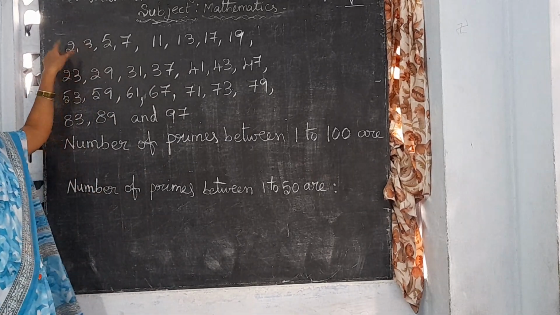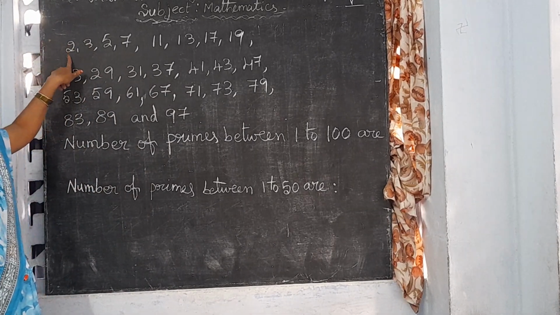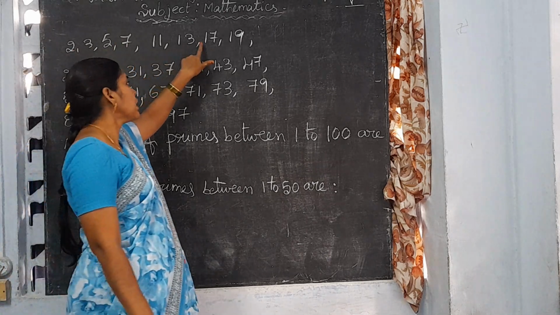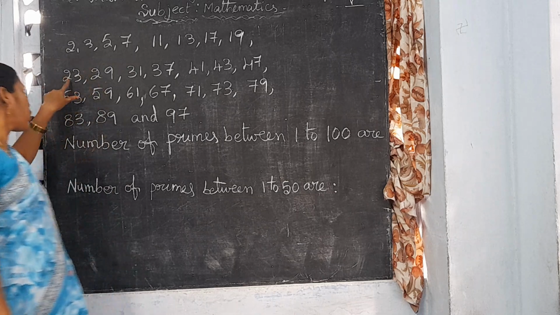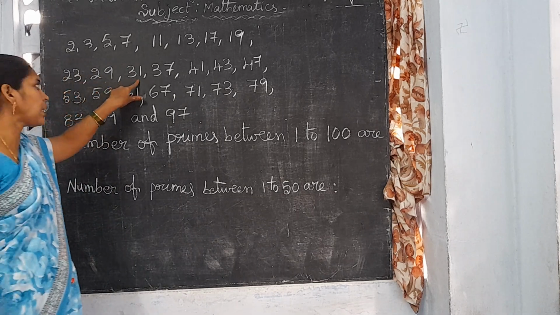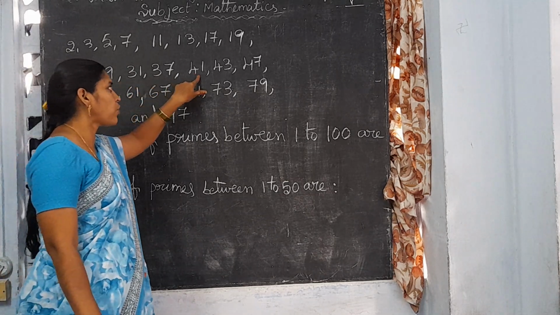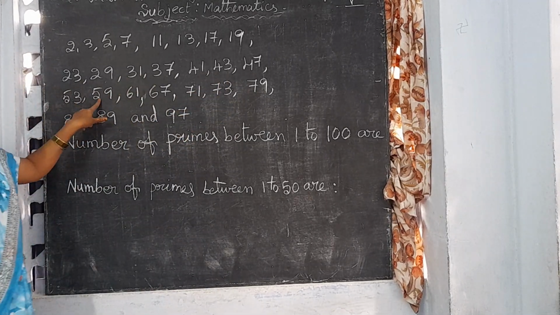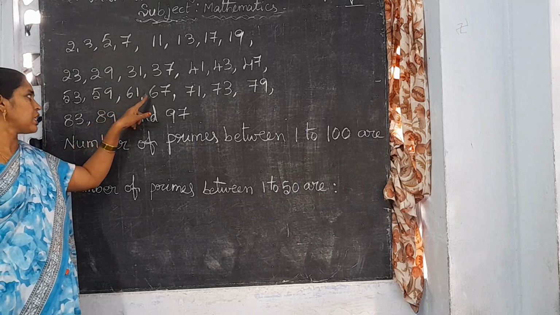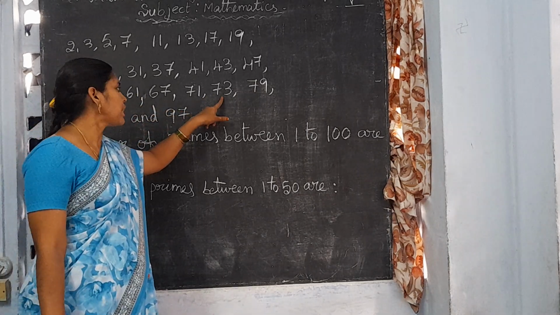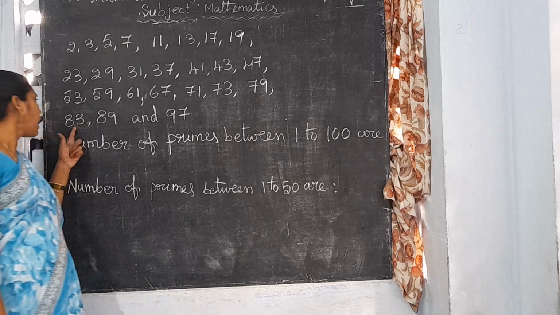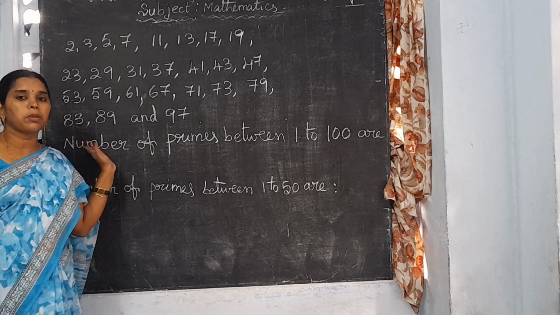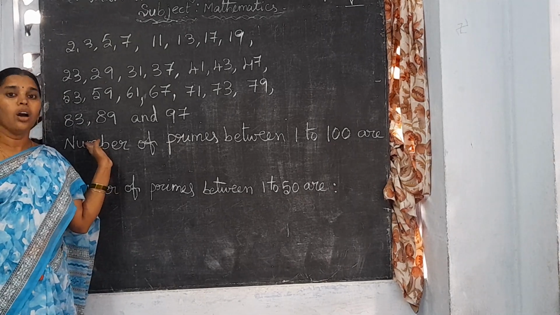The primes between 1 to 100 are, see, 2, 3, 5, 7, 11, 13, 17, 19, 23, 29, 31, 37, 41, 43, 47, 53, 59, 61, 67, 71, 73, 79, 83, 89 and 97. These are the primes between 1 to 100.